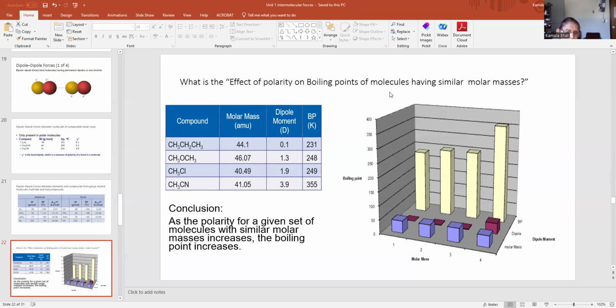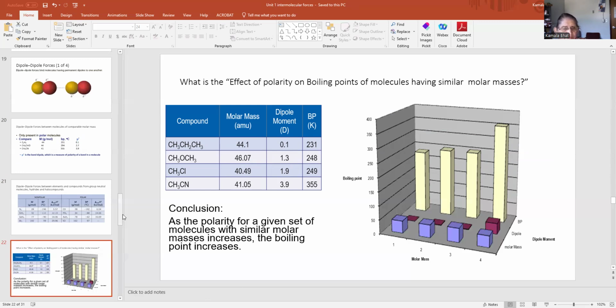And CH3CN, methyl cyanide, is 41.06 for the molar mass, 3.9 as the dipole moment, and 355. We can see that as the polarity for a given set of molecules with similar molar masses increases, the boiling point seems to increase.